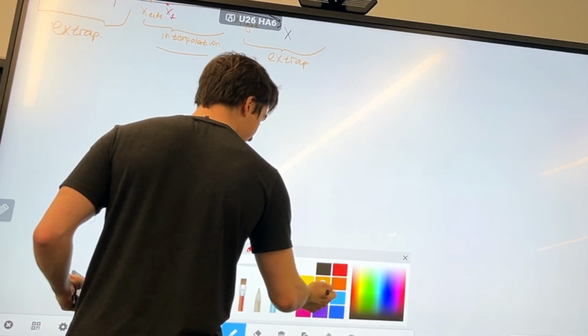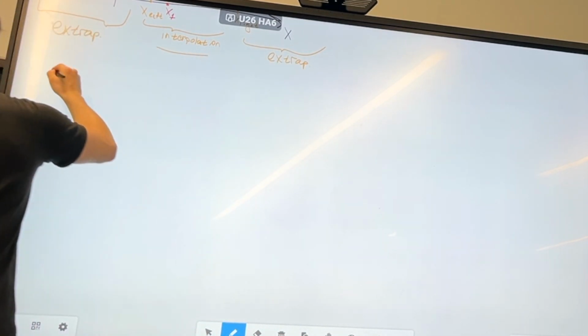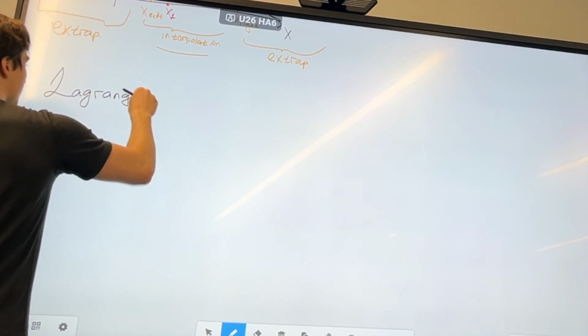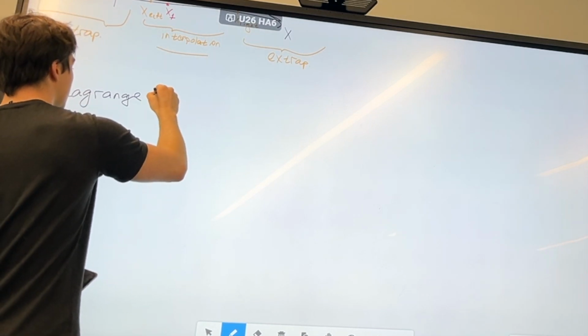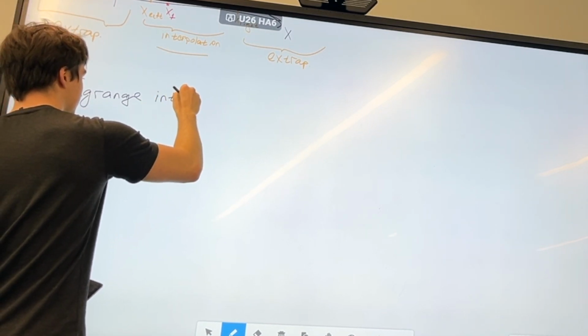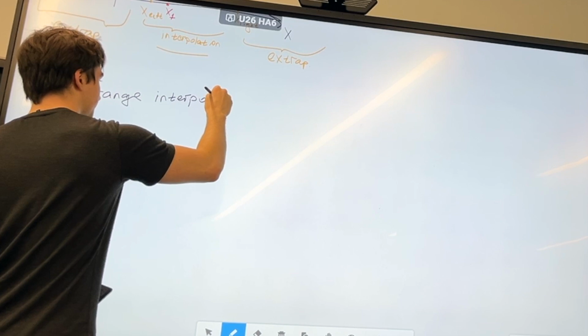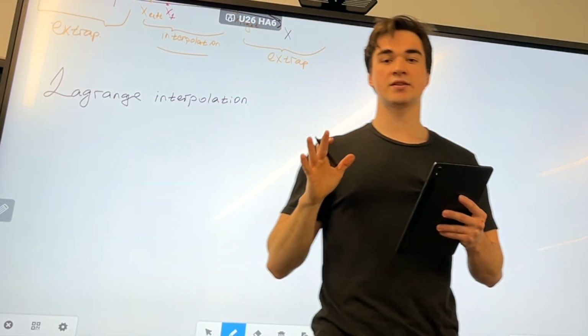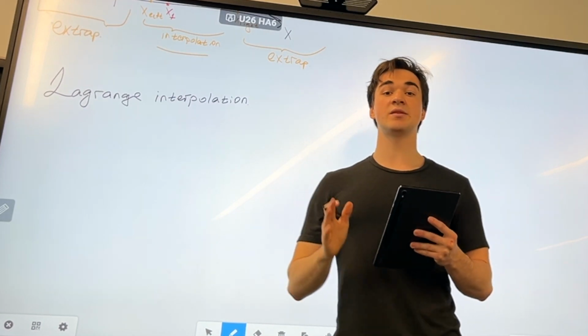It's a basic method for finding a value between the points. And the idea is simple.